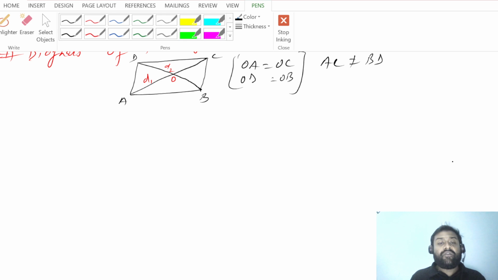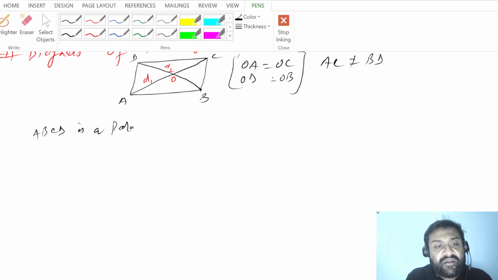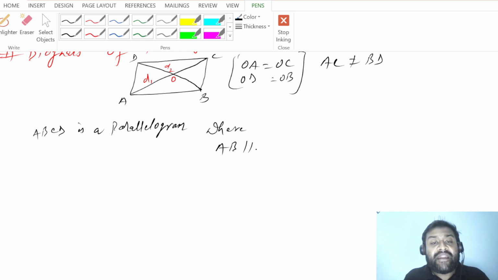Okay, so now what do we know? ABCD is a quadrilateral, or it is a parallelogram, where AB is parallel to DC and BC is parallel to AD.